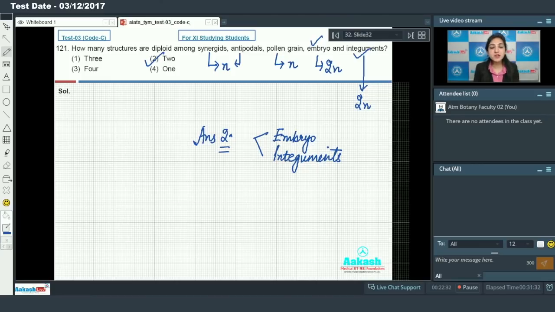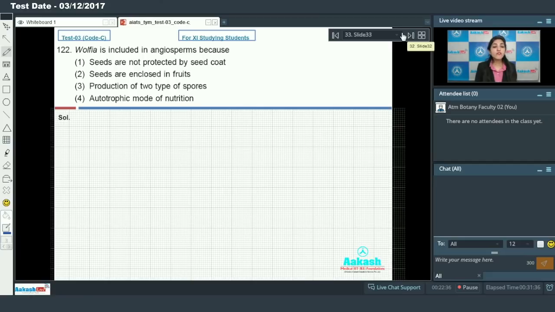Moving on to the next question, that is question number 122. Wolfia is included in angiosperms because... Wolfia को हमने angiosperms में क्यों include किया है? Because seeds of the Wolfia are not protected by seed coat. No, seeds protected होते seed coat से. So this is not the reason that why Wolfia is included in angiosperms.